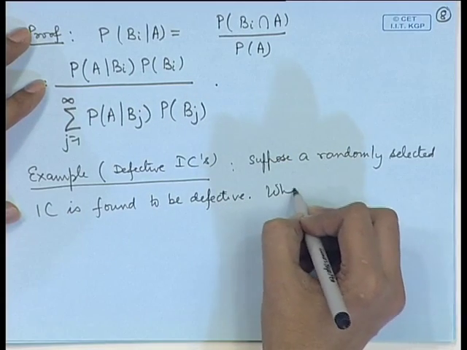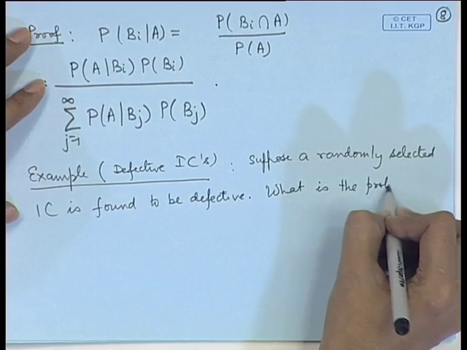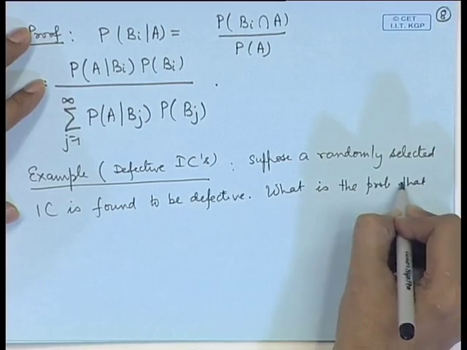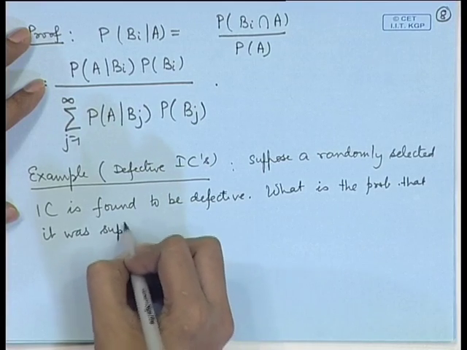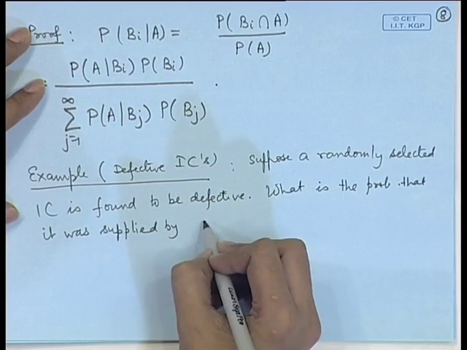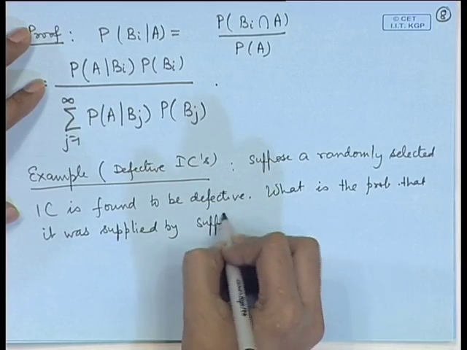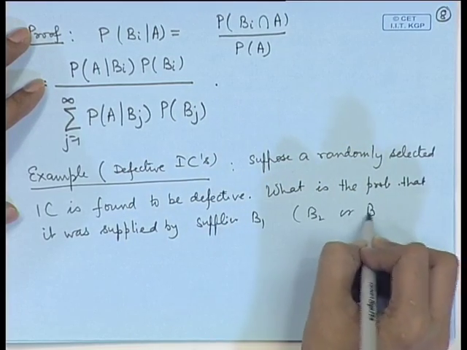What is the probability that it was supplied by, say, supplier B 1 or B 2 or B 3?